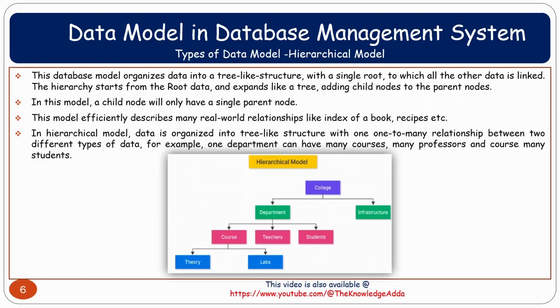Okay, so now talking about the hierarchical model. In this picture, you can see there is a tree-like structure. This database model organizes data into a tree-like structure with a single root, to which all the other data is linked, and the hierarchy starts from the root data and expands like a tree, adding child nodes to parent nodes. Here in this picture we can say college is the root, and department and infrastructure are the parents.